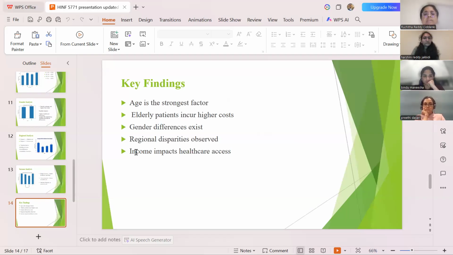Regional disparities are observed because different regions have different trends. According to the graph, the Midwest has the highest healthcare cost compared to all other regions, and income impacts healthcare access because individuals with more income have a higher healthcare cost in arthritis.